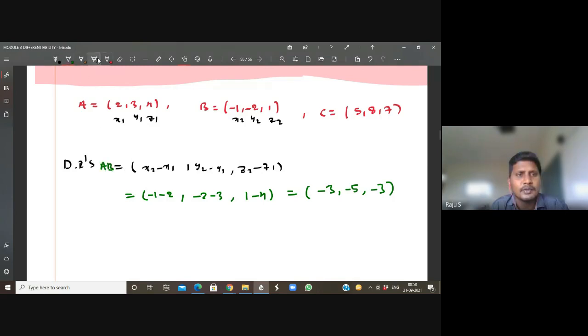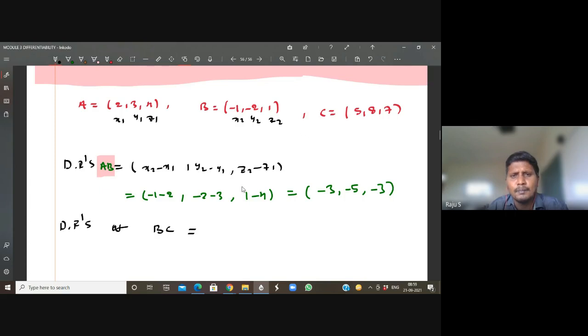In the same way, I am going to find the direction ratios of AC or BC, any one. You need not find all three, just find the direction ratios of any two line segments.